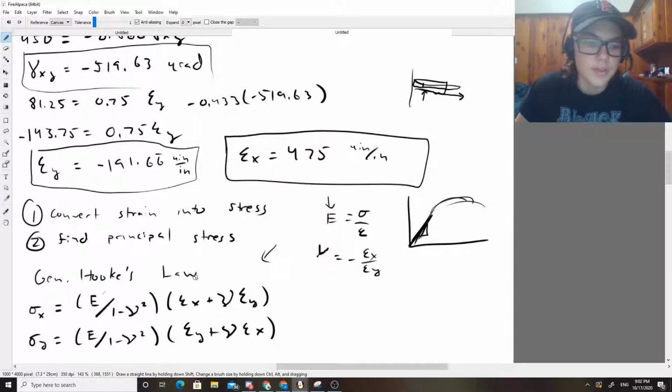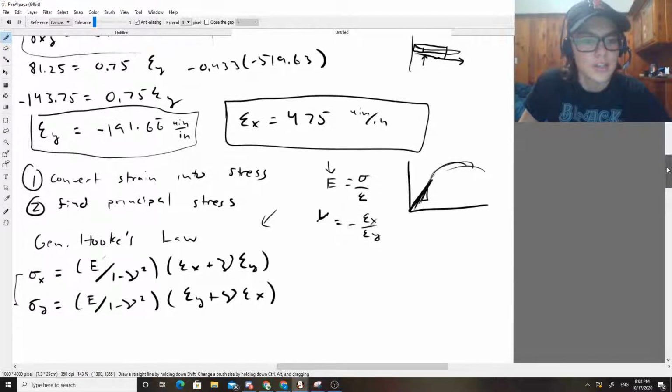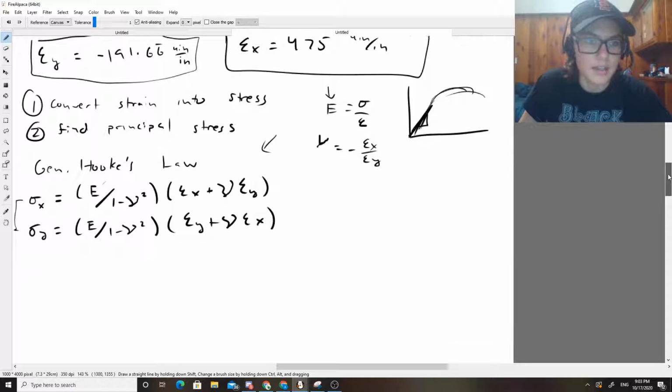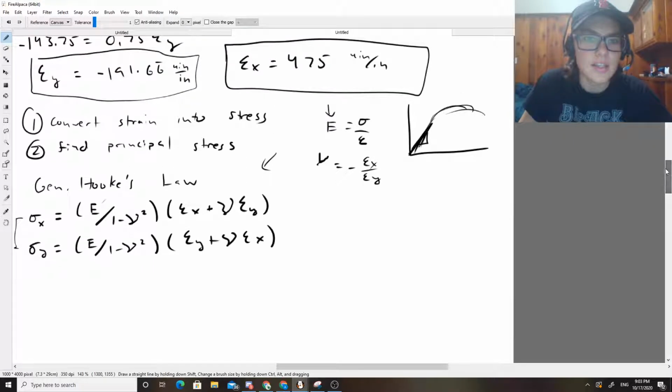And you can do that for 3 dimensions, but for 2 dimensions, this is what these equations look like. They would look different if you had them in 3 dimensions, but we're not working in 3 dimensions, so we just have these. And we do need to find some constants here. Modulus of elasticity and Poisson's ratio both are constants that are particular to your material.